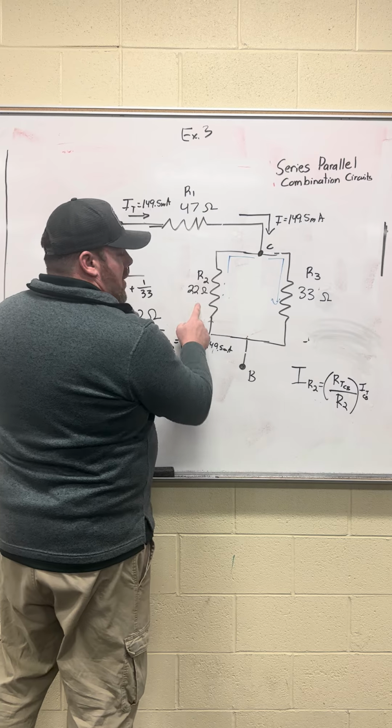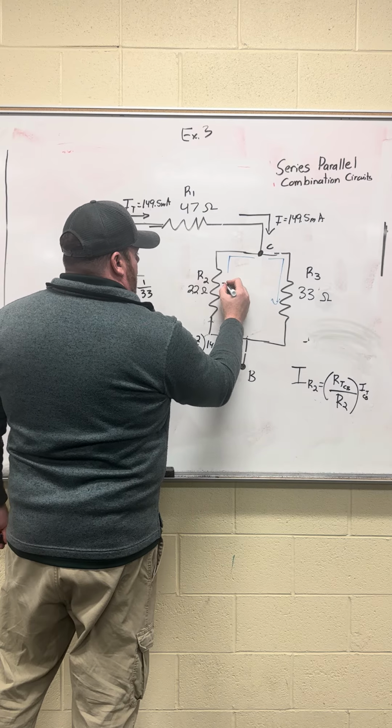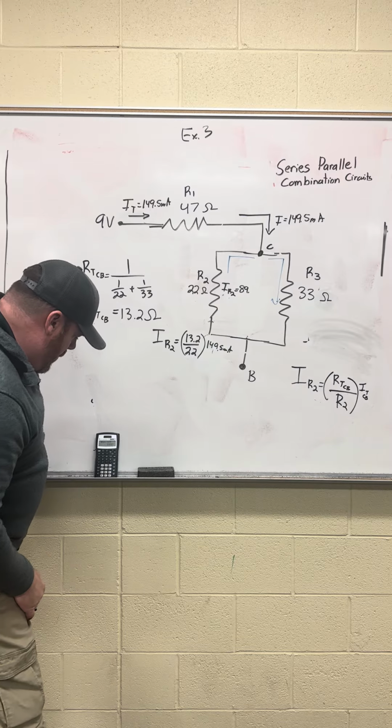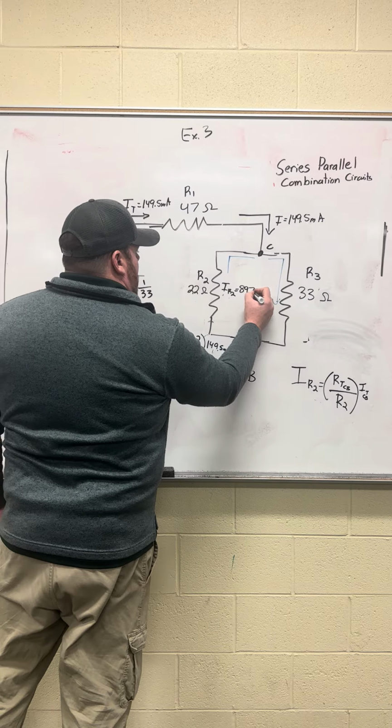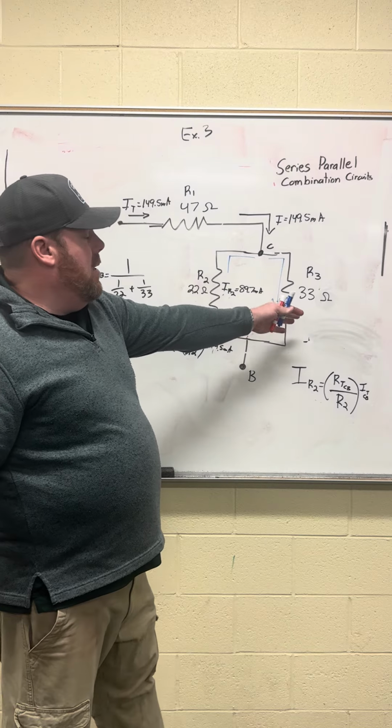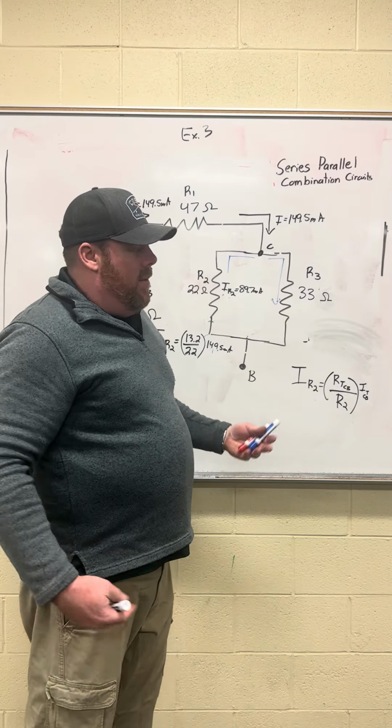So the current passing through R2 is 89.7 milliamps.